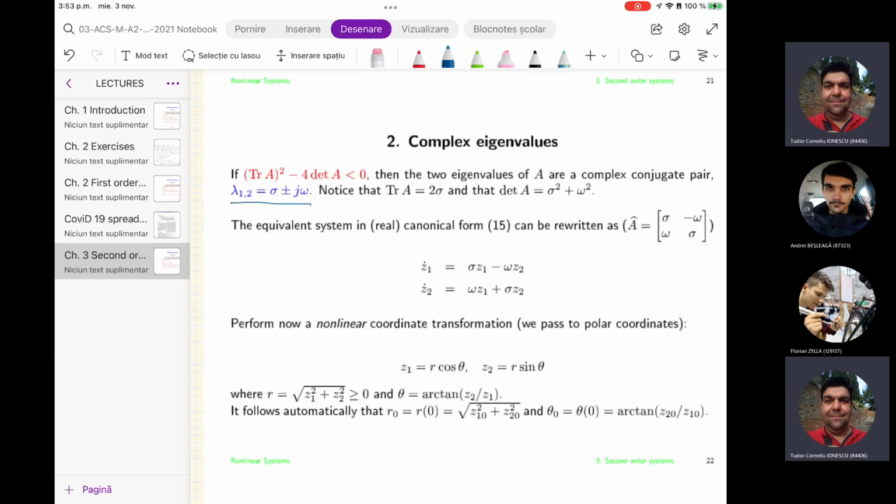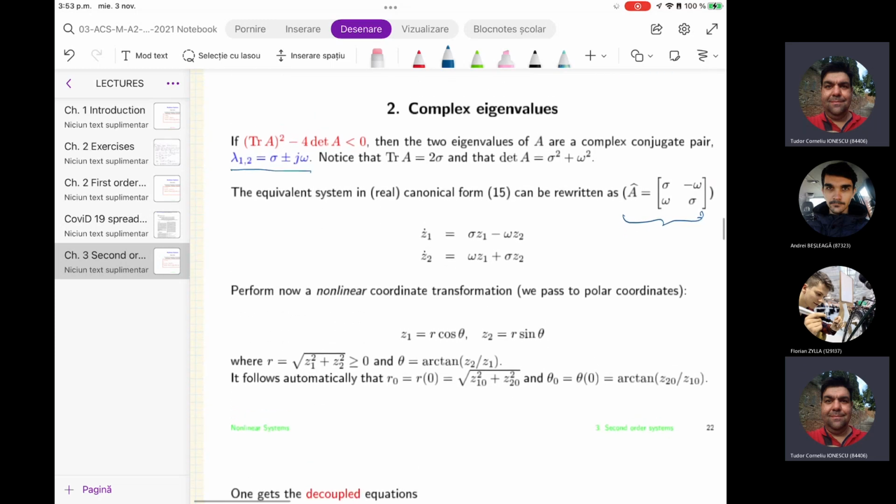Right. The equivalent real system, because you see this matrix is real with complex eigenvalues. That's why we use this canonical form, because this is the real canonical form of the complex eigenvalues.